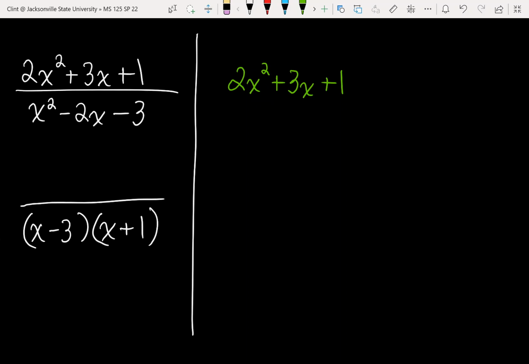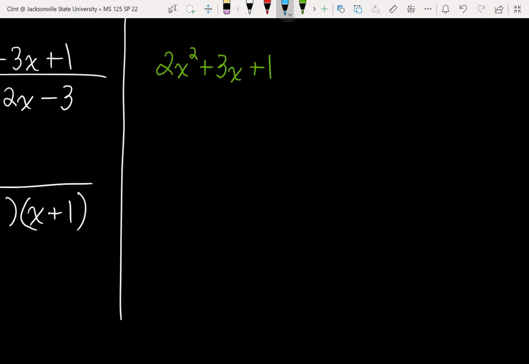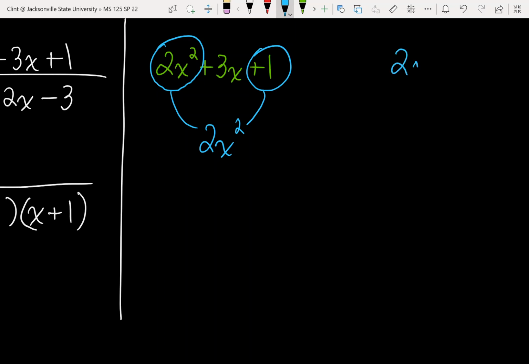So, a way to go about these, if you can't see them right away, is take the first and the last terms and multiply those together, 2x squared. And we want factors of 2x squared to add together and give us the middle term. Again, that's not too bad to come up with because we don't have many choices.